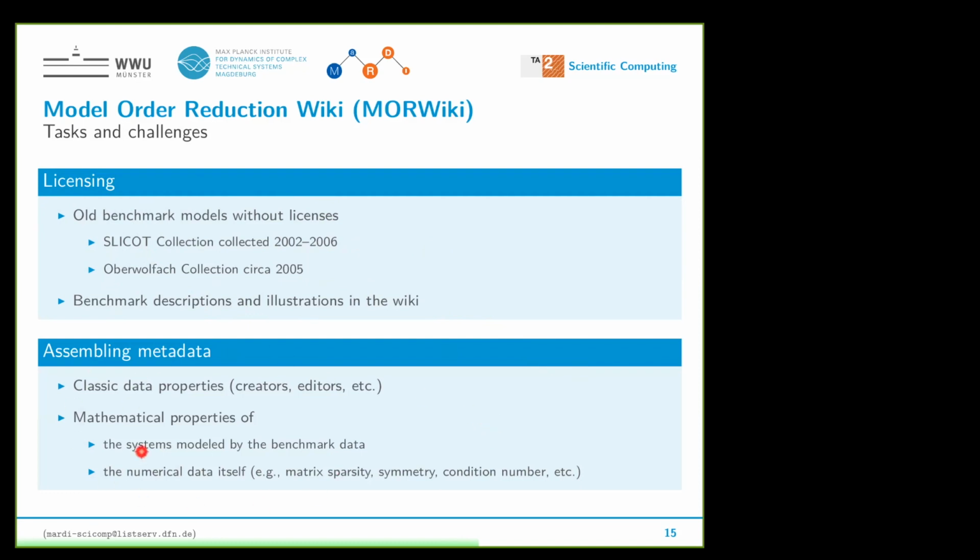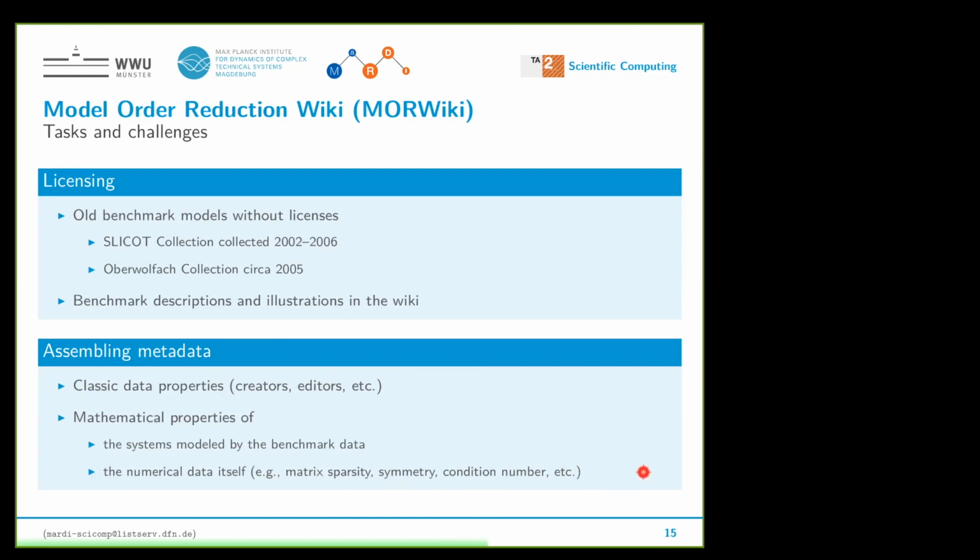But then also assembling metadata, useful metadata for these kinds of examples can be tedious. There are simple things like pure dimensions and things like that that are easy to figure out, but then others like model properties that are difficult to compute or expensive to compute, they might be more difficult to add in these kinds of metadata collections.